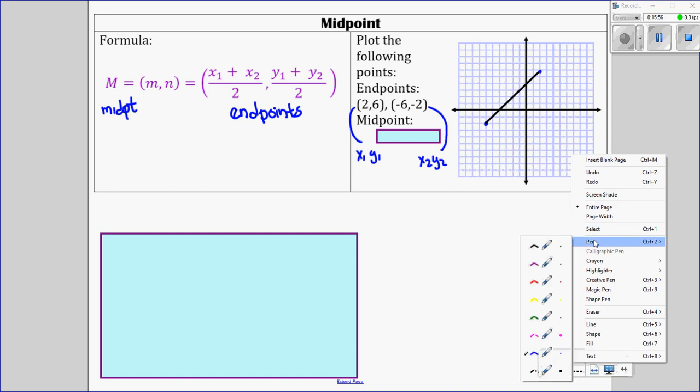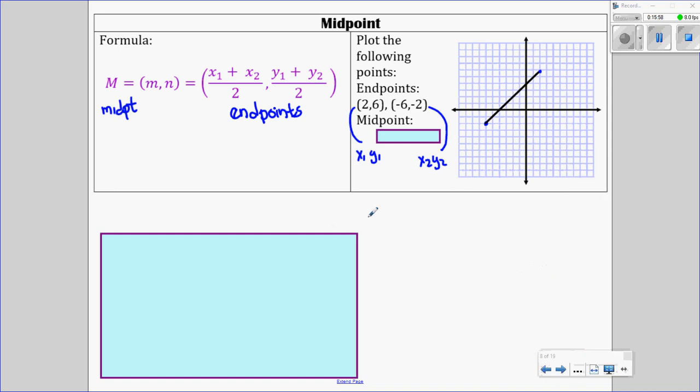So what we're going to do is plug it in. So we have m equals, all right, x1 plus x2. So we got 2 plus negative 6 over 2, and y1 plus y2, so 6 plus negative 2 over 2.